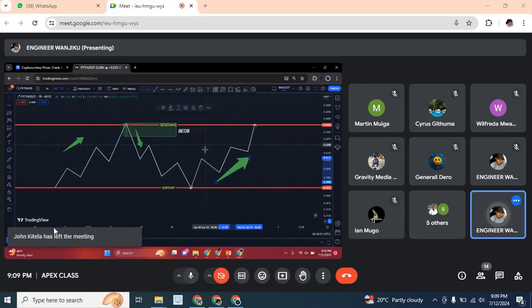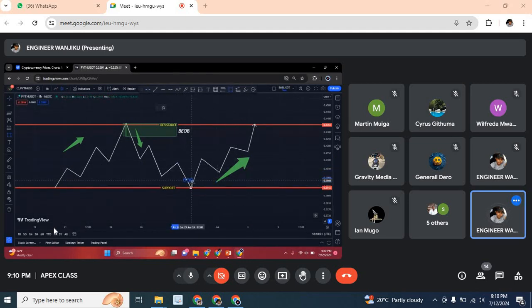So the type of order block that we'll get from this zone is, remember this is a downtrend, and a downtrend is represented by red. So we're going to have the last red right here, the last red before this significant buy right here. Let me just highlight it.